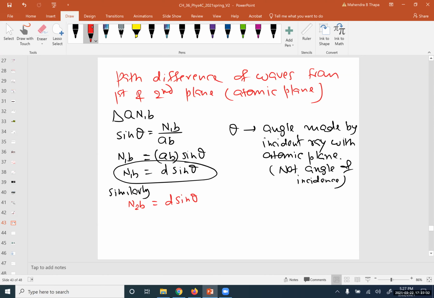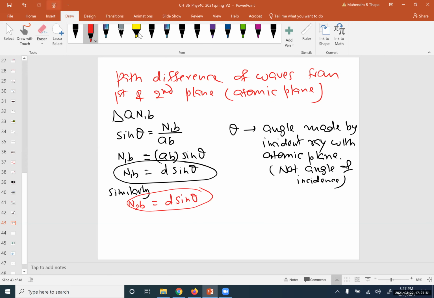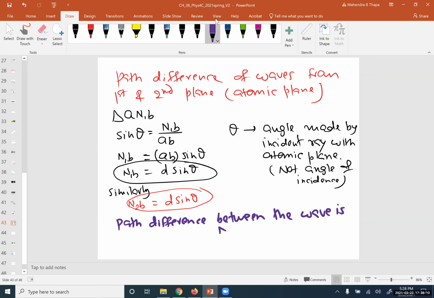So from this picture, we see that the path difference between the waves is N1B plus N2B, which equals 2d sine theta.